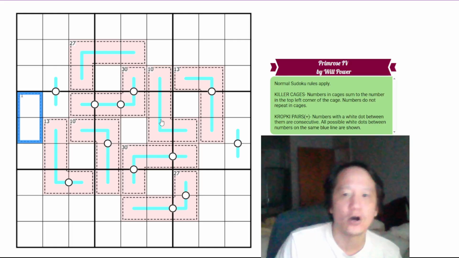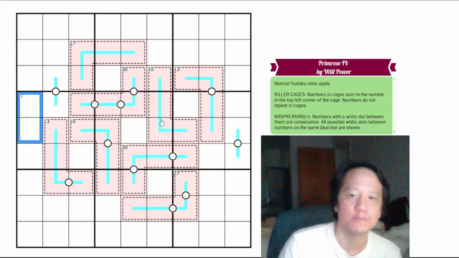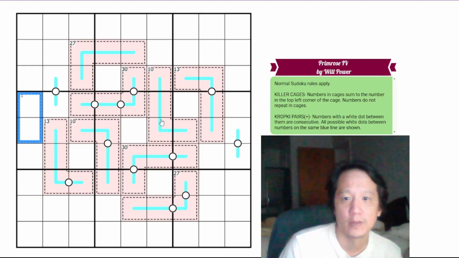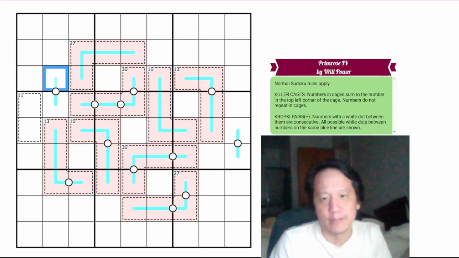So it says all possible white dots between numbers on the same blue line are shown. So numbers with a white dot between them are consecutive. For example, if this were, say, a 6, this would have to be 5 or 7.